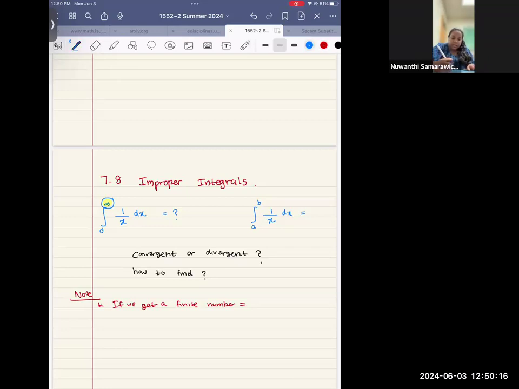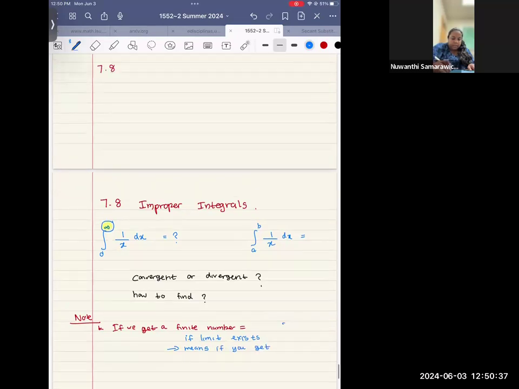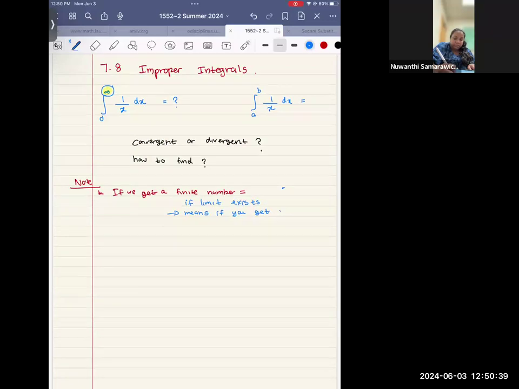So we can say if the limit exists, because limit exists means when you take the limit you will get a number, right? If you get a finite number, then we say it is convergent.